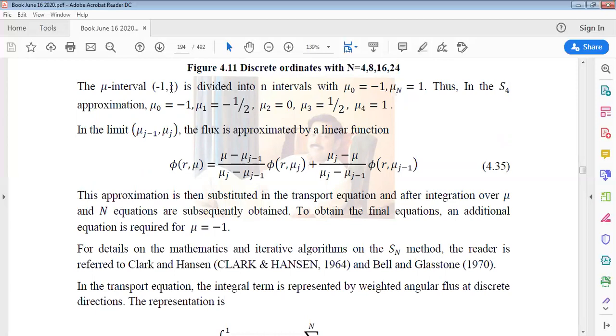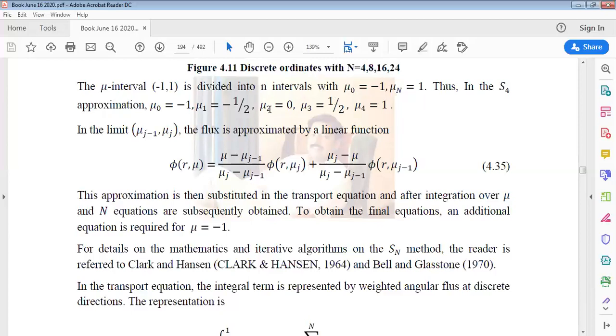So 0 degrees scattering to 180 degrees scattering, because the cosine of 0 is +1, the cosine of 180 is -1. The cosine of 90 is 0, so that's a full angle. So the mu interval is divided into n intervals, and so the left endpoint is mu naught equal to -1, the right endpoint is mu n is equal to 1, and in between you've got values.